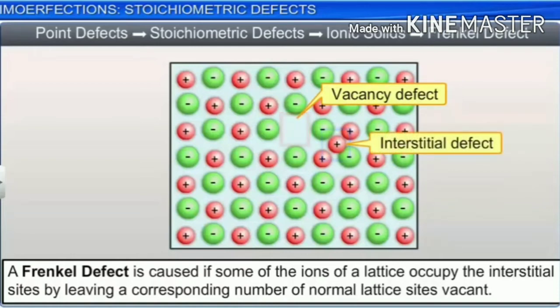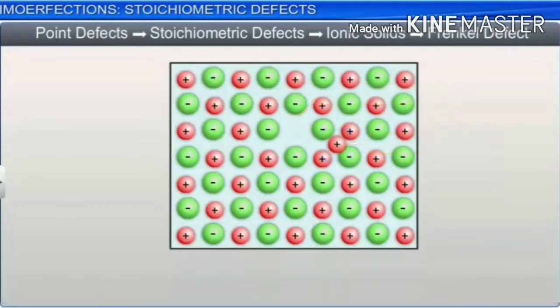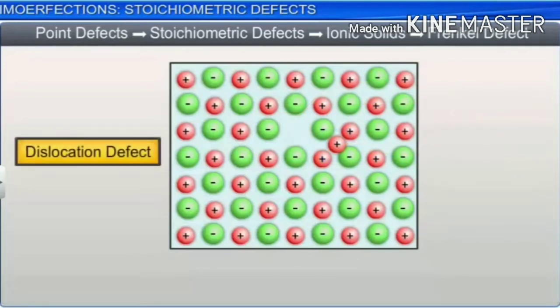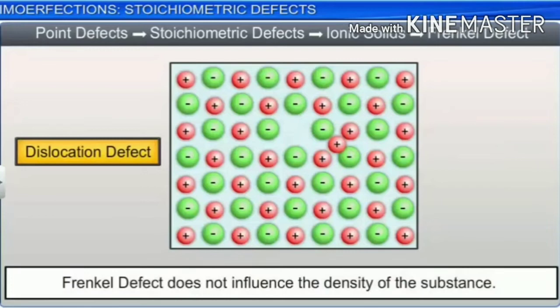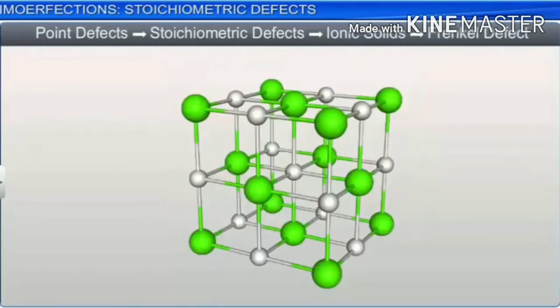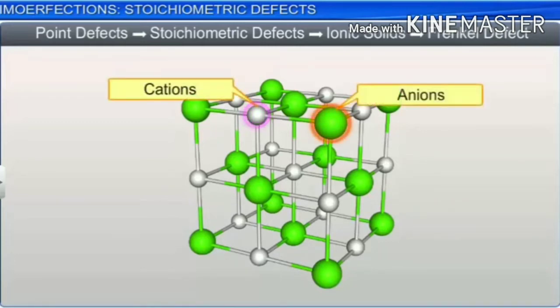A Frenkel defect is also known as a dislocation defect. It does not influence the density of the substance. This type of defect occurs in compounds with ions of different sizes. Since cations are smaller than anions, cations can easily fit into the vacant spaces in the lattice.